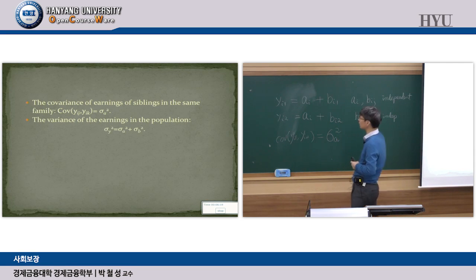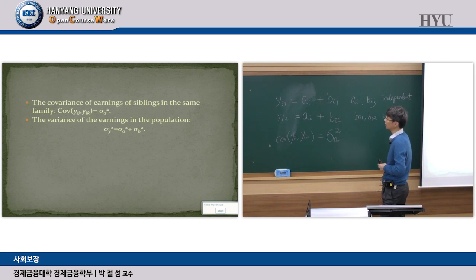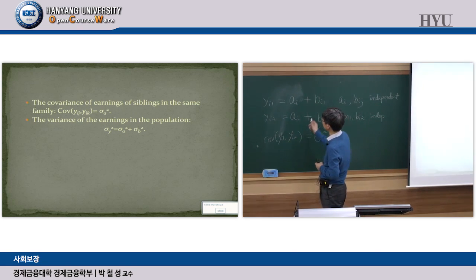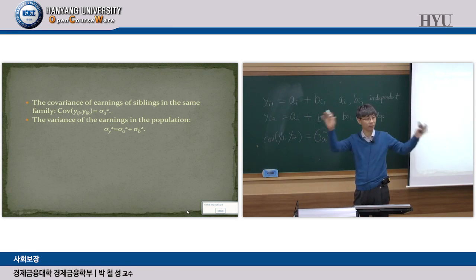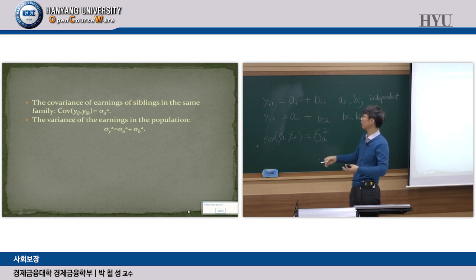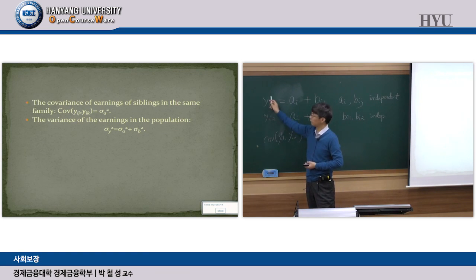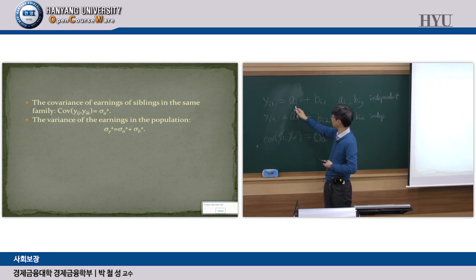And then the variance of earnings in the population. What we are saying is the variance of everyone in the whole population, including Yi1, Yi2, Y11, Y12, Y21, Y22. If you have the data of everyone and get the variance, it's pretty easy, because the variance of, say, Yi1 is just the variance of Ai plus the variance of Bi.